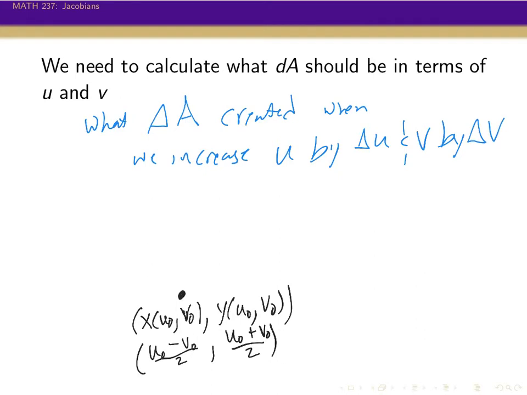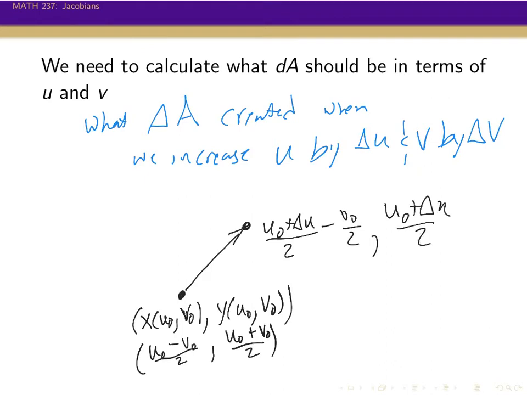If I add delta u to the u coordinates, we're going to end up with a new point: (u naught plus delta u) over 2 minus v naught over 2, comma, (u naught plus delta u) over 2 plus v naught over 2. And so this is our increase by delta u.